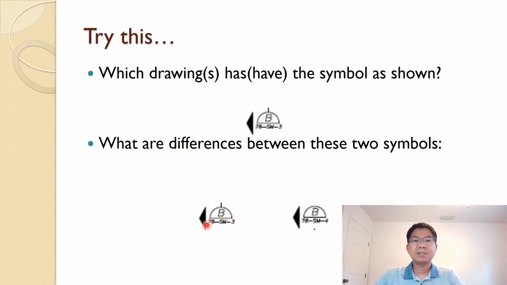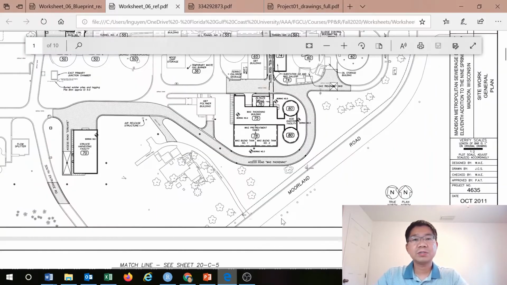B78 stands for the item, WAS tank, then SM3, and then SM4. So how can I read where to find that, and what does that symbol stand for? That is what I want to show you for this drawing here.